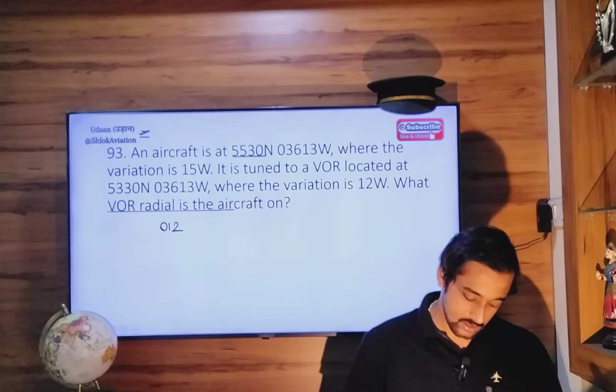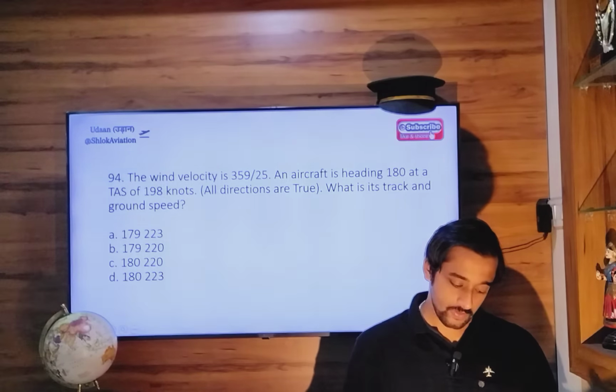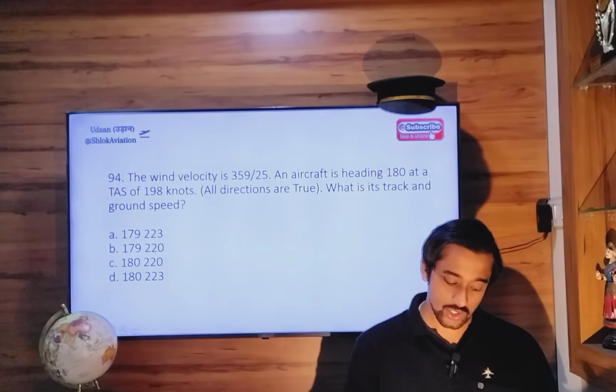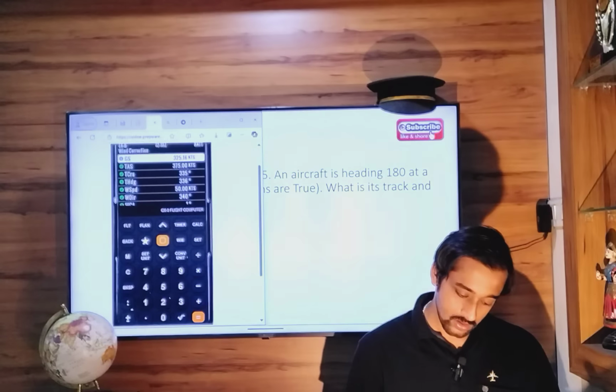Next, winds are given, aircraft heading is given, TAS is given. What is its track and ground speed? So heading is 180.